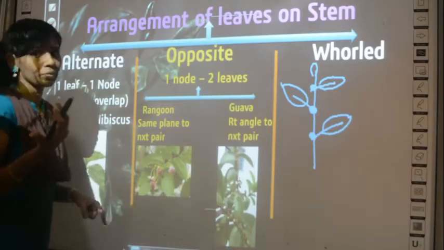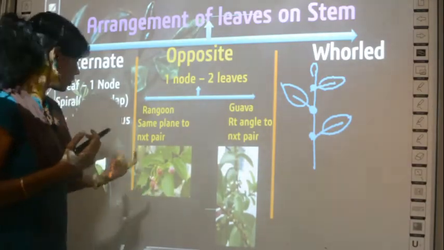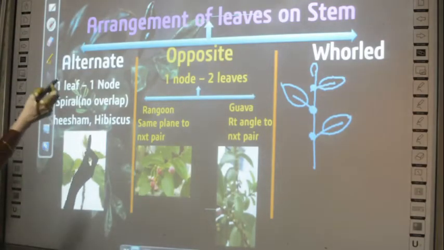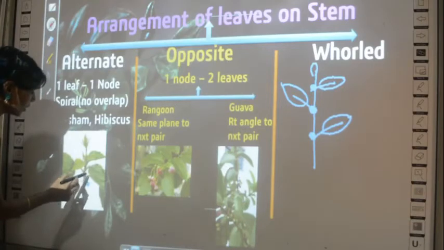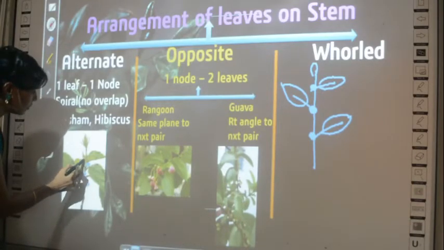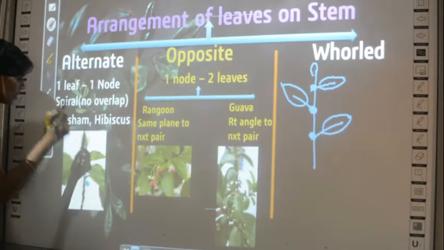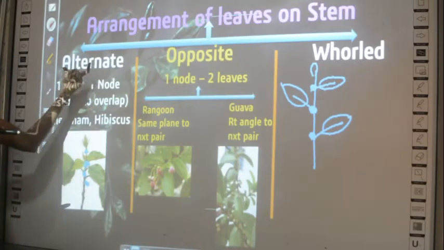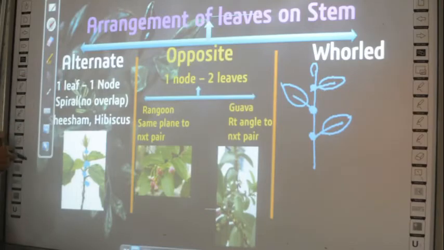Have you seen that red flower? It is called shoe flower or hibiscus. So this is the example. See, where is the node here? You have here one node, here one, here one, here one, here one. So you will have only one leaf at each node in the case of alternate arrangement, and they are spiral.